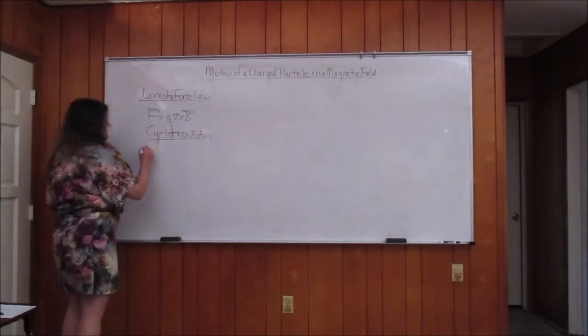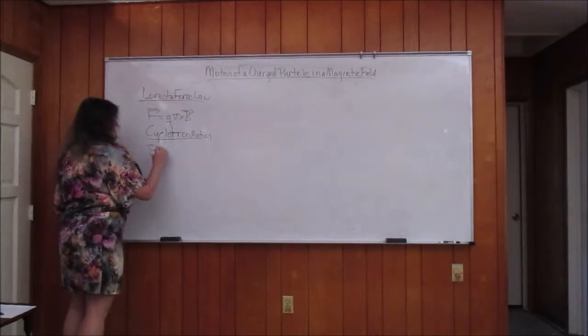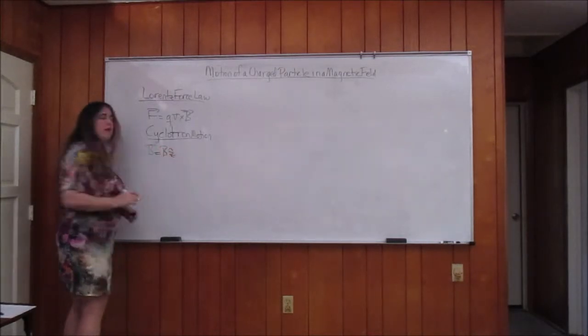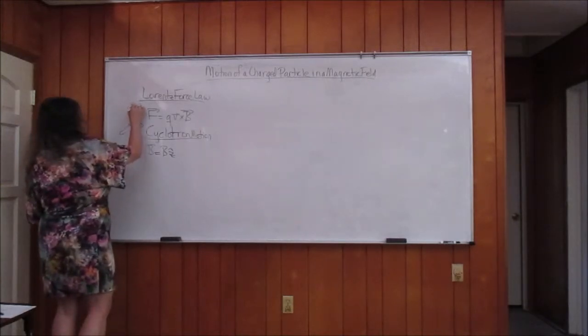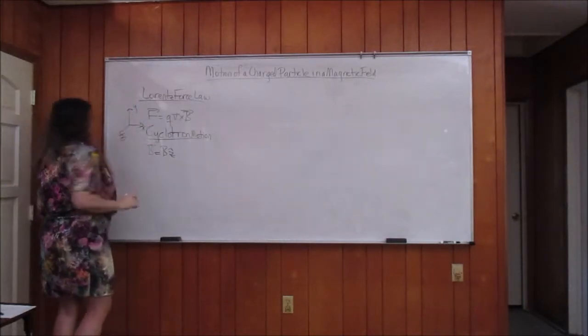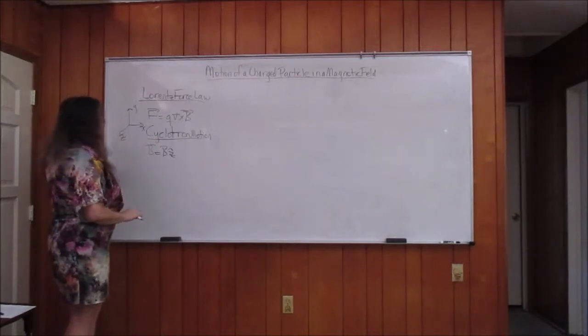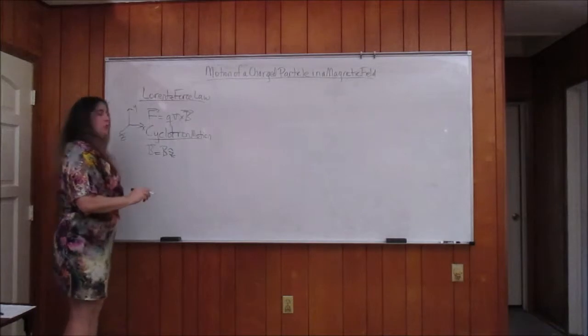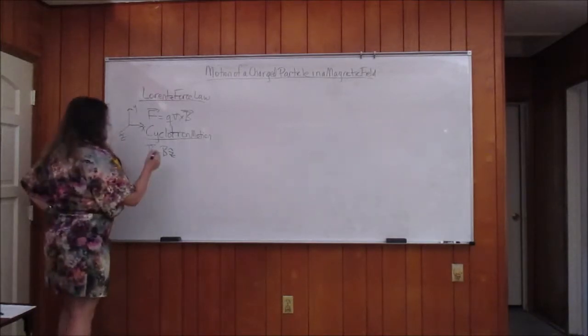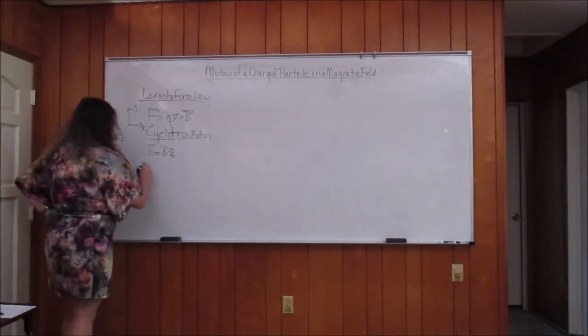So in other words, let's suppose that the magnetic field lies along the z-axis. Okay, so our force can be written as mass times the derivative of the velocity with respect to time, and I'll break that down into components.